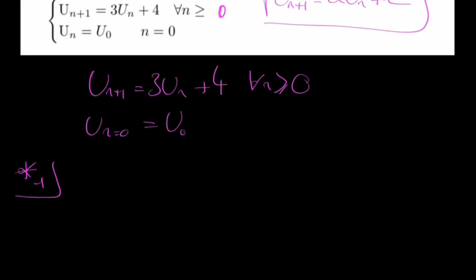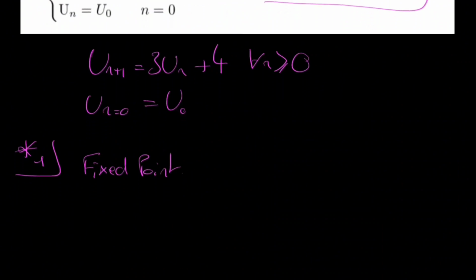We will first find the fixed point of this sequence, a value that satisfies x equal to 3 times x plus 4, where we replace u_{n+1} and u_n with x.